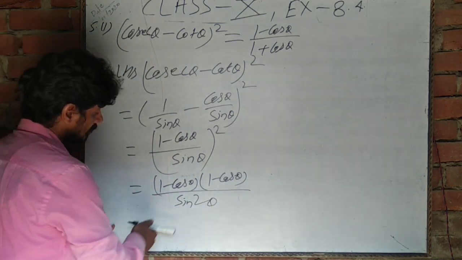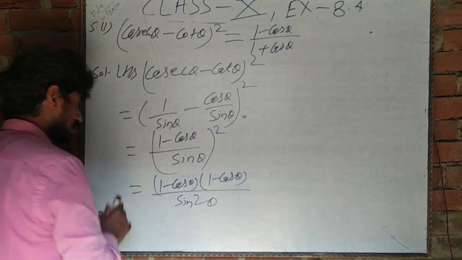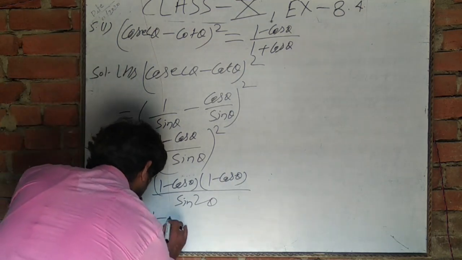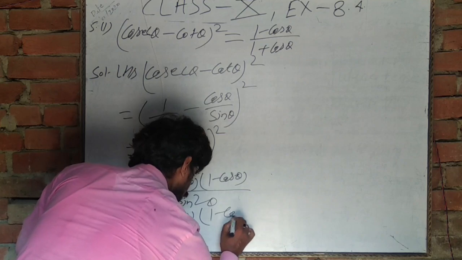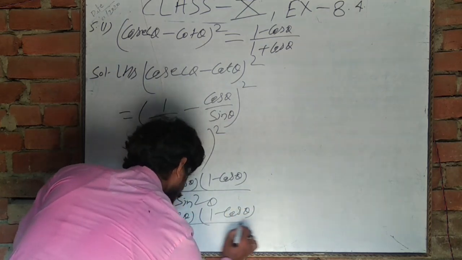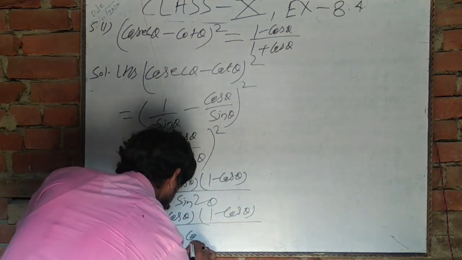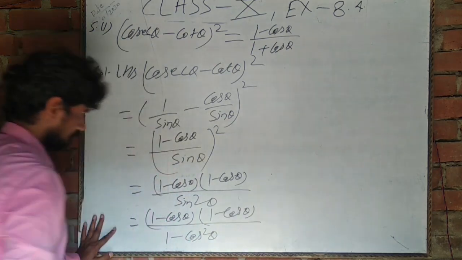We have an idea sin square theta means 1 minus cos square theta. So 1 minus cos theta into 1 minus cos theta by 1 minus cos square theta.